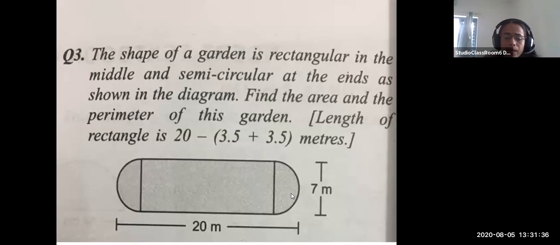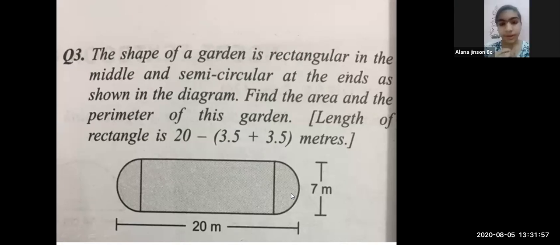Okay. Since we have two semicircles, we need into 2. Two semicircles means it is the area of the circle. So 2 into the area of semicircles. After that, ma'am, radius of circle.